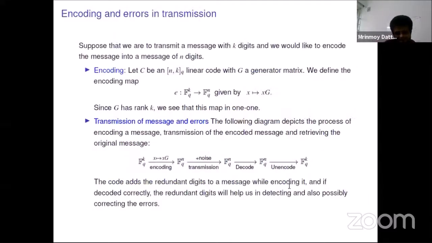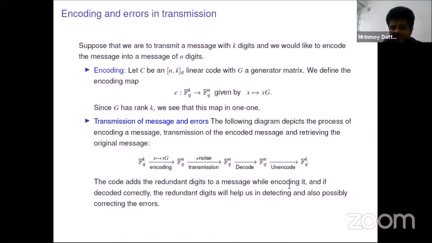So now let us try to understand how messages are encoded, where the error occurs, and how we rectify it. The first thing is encoding. So how do we encode our message?